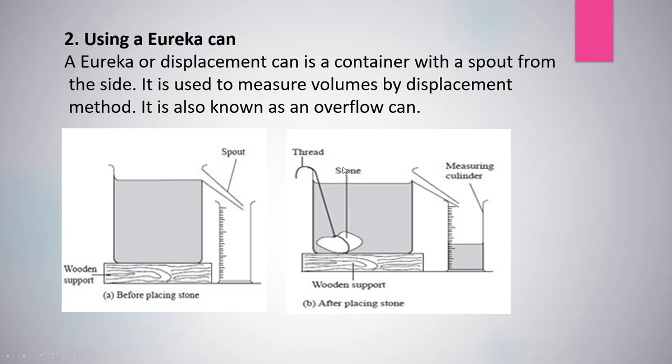So the stone is tied on a thread and then gently lowered. Now as it lowers, it displaces the water, and the water is collected in the beaker. So the volume of water collected here in the beaker is the volume which was displaced by the stone, and therefore it is the volume of the stone.